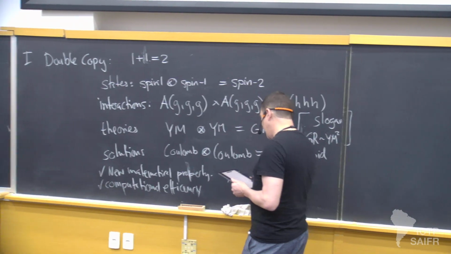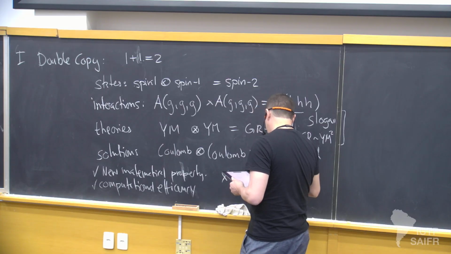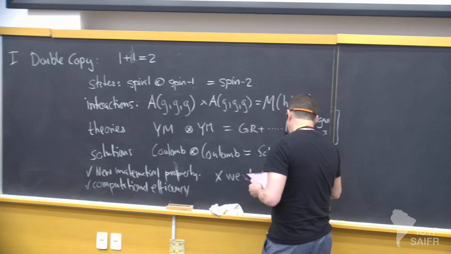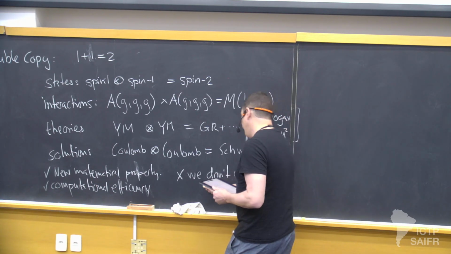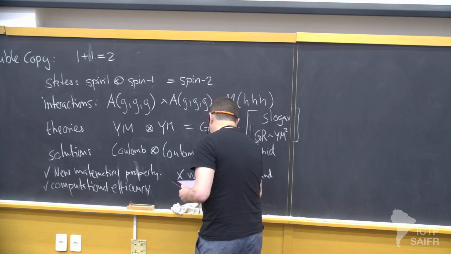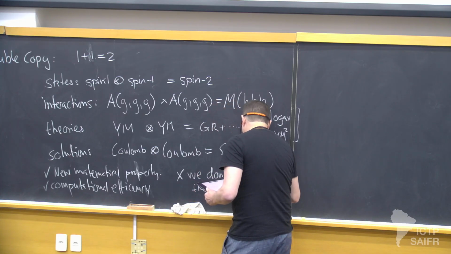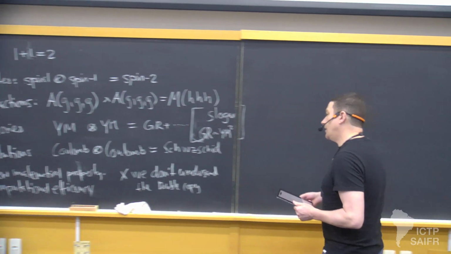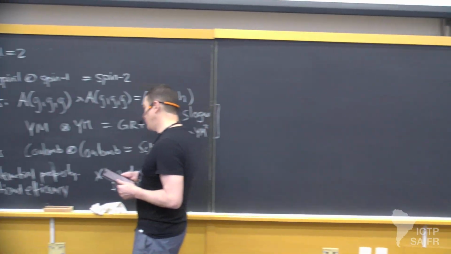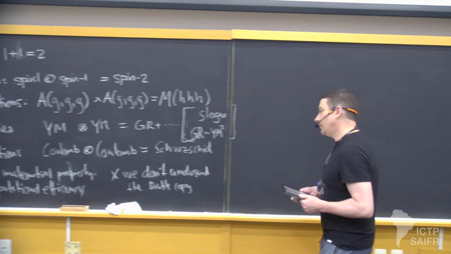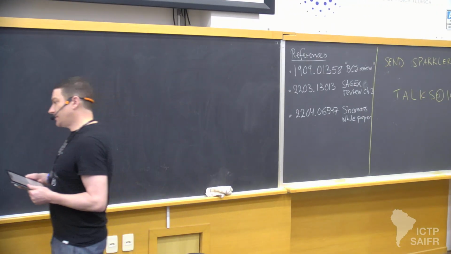We don't understand it. We don't understand the double copy. That doesn't mean that we have a general framework where we can prove things mathematically, and say when does it work, when does it not work, and statements like that.